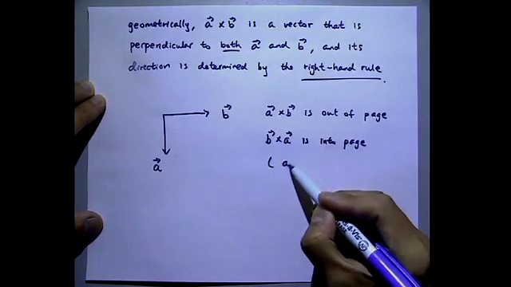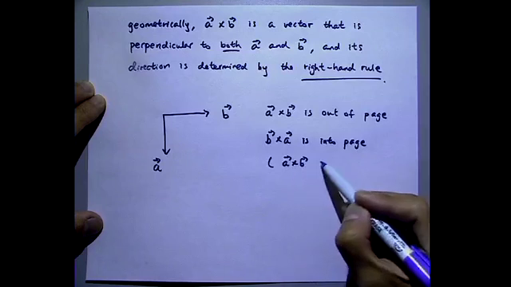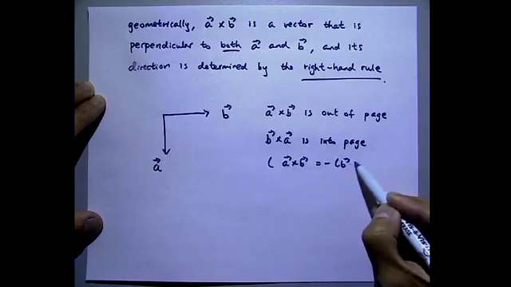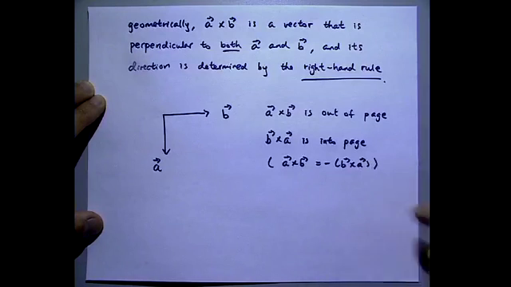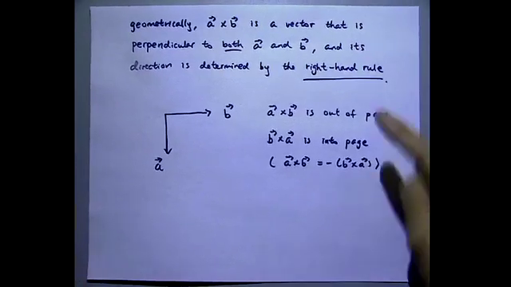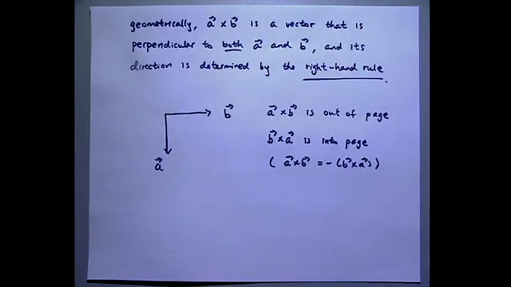Which means A cross B is the negative of B cross A, as we saw earlier. Out of the page and into the page are the same vector, the only thing different is the direction. Coming out, going in, so there's a sign difference between the two.